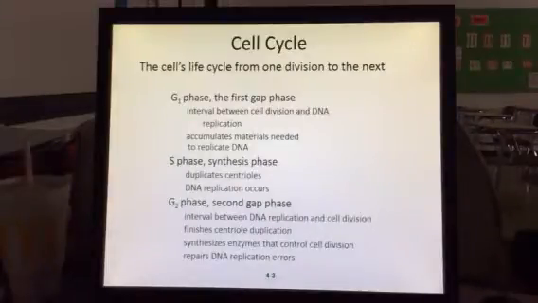This just goes through basically what I said in a little bit more detail. It gives you a little more information about the G1 and G2 phase. We're kind of vague on these. Again, when we look under the microscope, we're not going to be able to see, oh, hey, we're in G1. But it is important that you know these phases in order of the cell cycle.